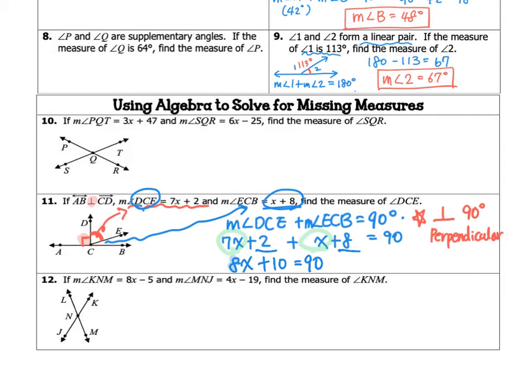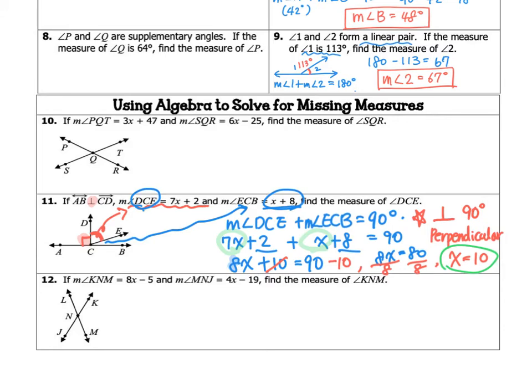To solve for x, we're going to subtract 10 on both sides. That will give us 8x equals 80. Now divide by 8 on both sides. X equals 10. So we found x.